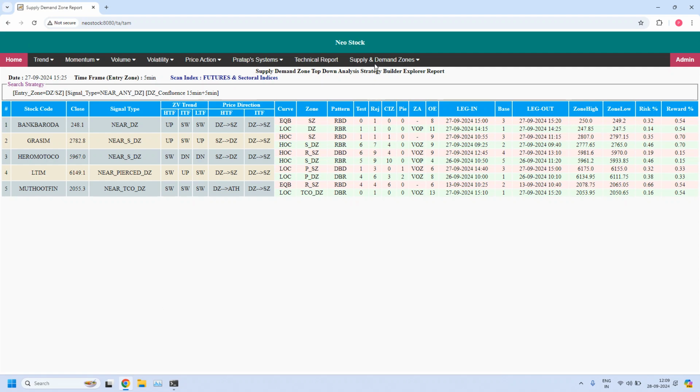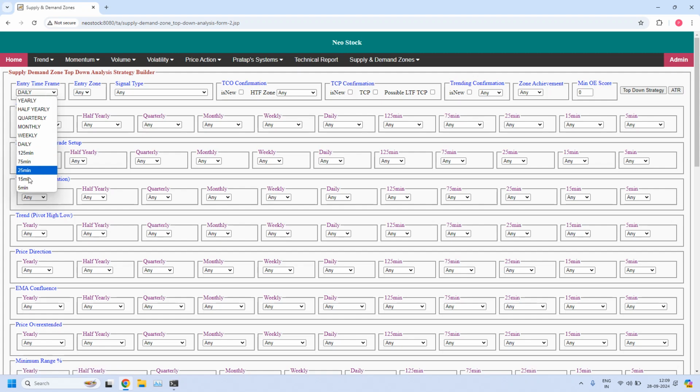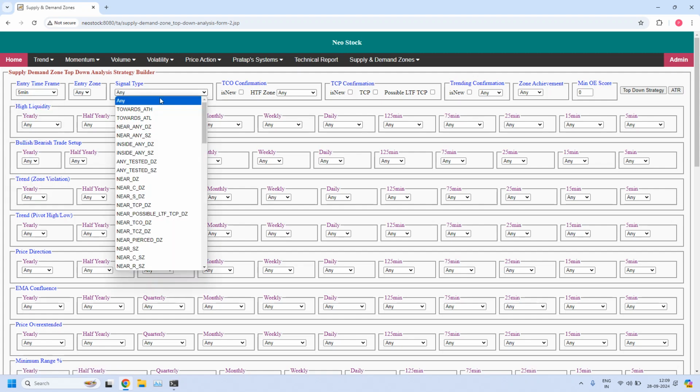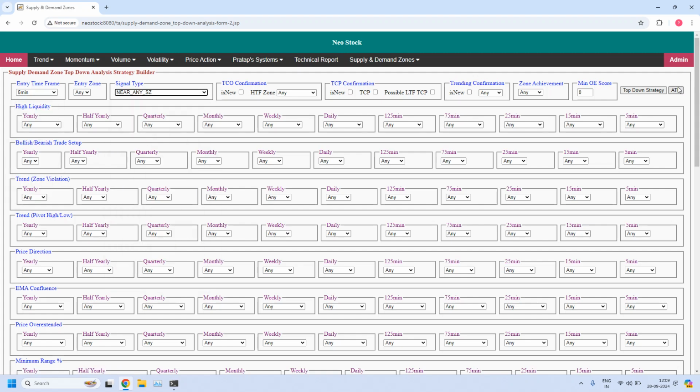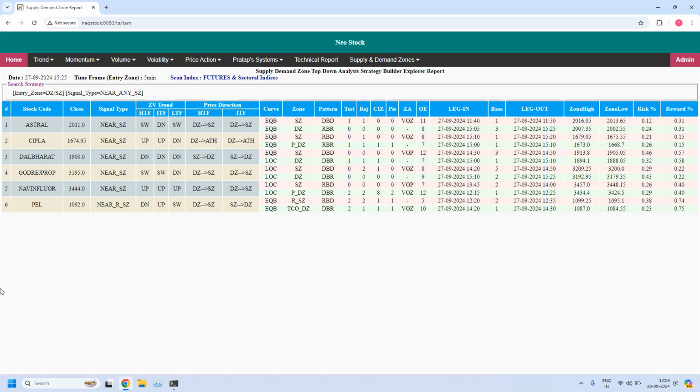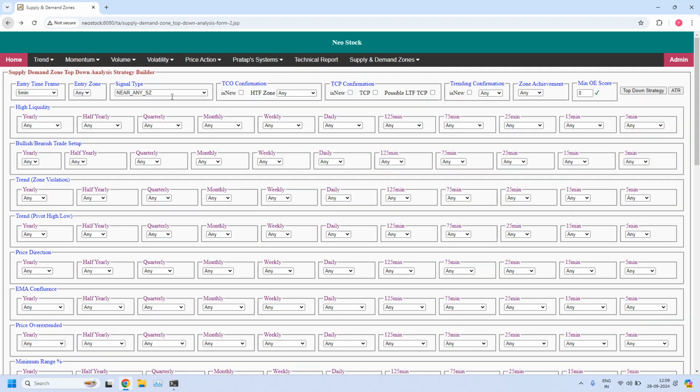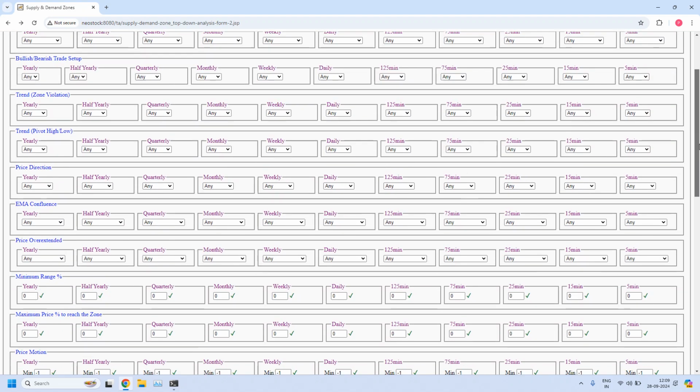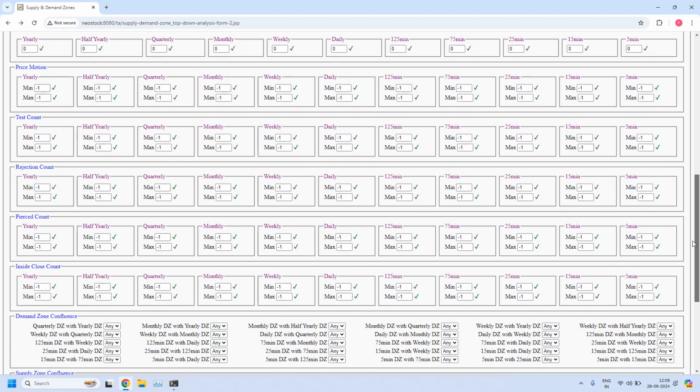Okay, next for 5 minutes time frame, let us find the stocks near 5 minutes supply zone. 6 stocks are filtered near to the 5 minute supply zone. Let us verify how many of these zones are having ITF confluence. 5 minute supply zone confluence with 15 minute supply zone confluence.